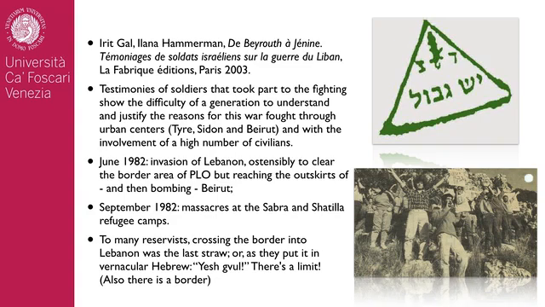It's very interesting that the title From Beirut to Jenin means from a war of choice, a war of invasion in 1982, to Jenin, which is one of the theaters of the clashes and of the oppression of Palestinians, especially during the Second Intifada, as well as one of the theaters of Operation Defensive Shield, which saw the Israeli army re-entering the refugee camp of Jenin in 2002.